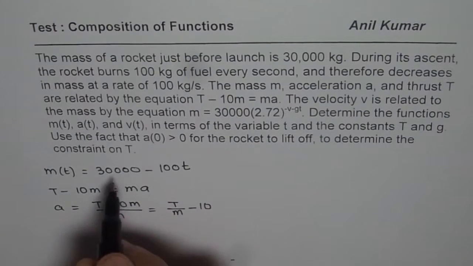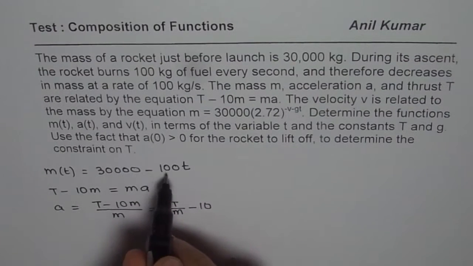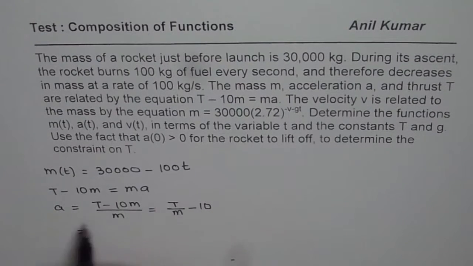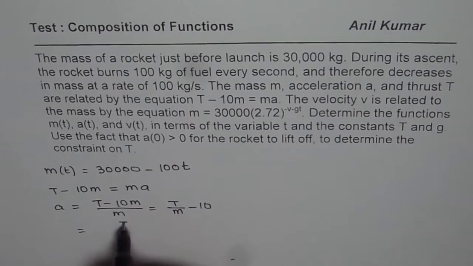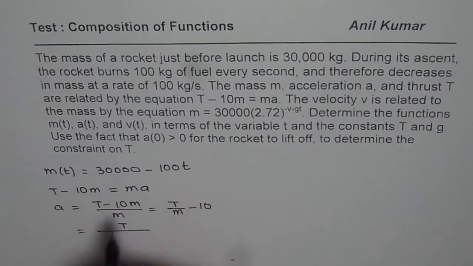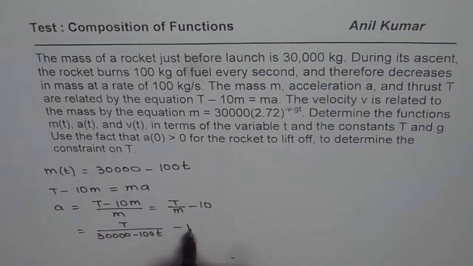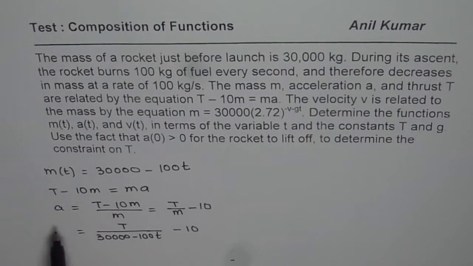Now m we know is 30,000 minus 100t. So in terms of time t, we can write a as T over (30,000 minus 100t), minus 10. So that is the relation for acceleration.